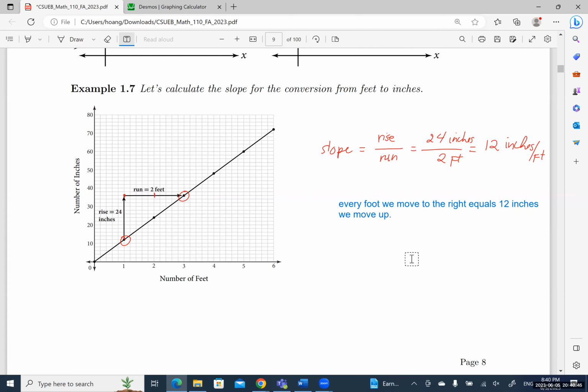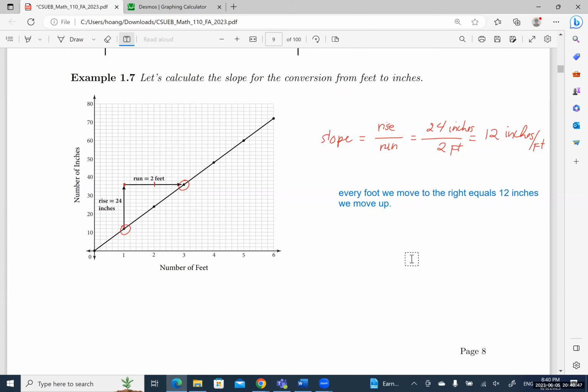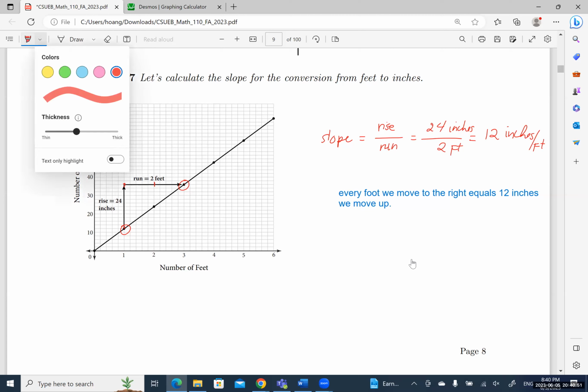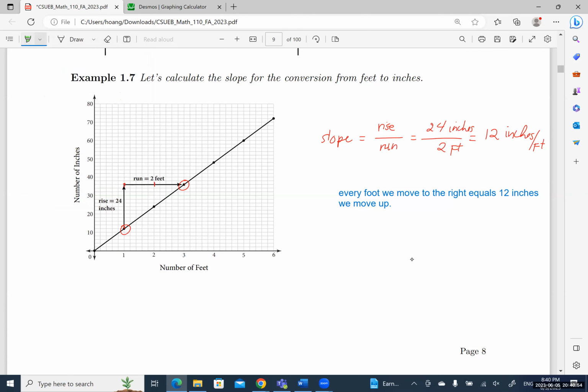So that is the way we calculate the slope. Okay. All right.